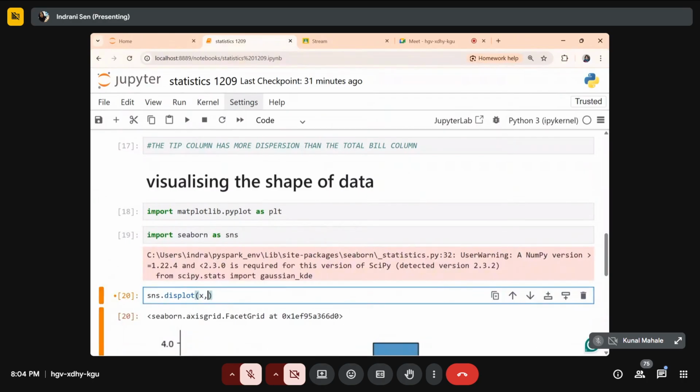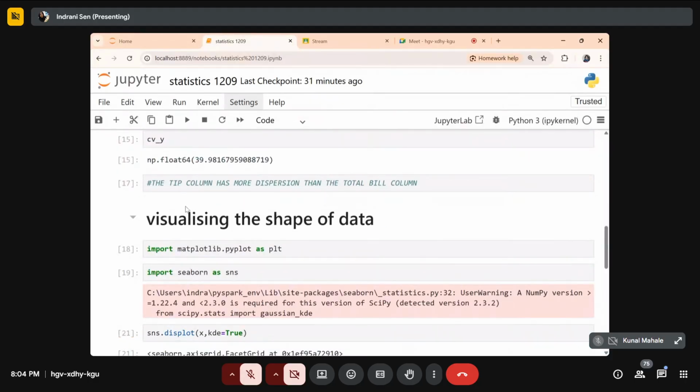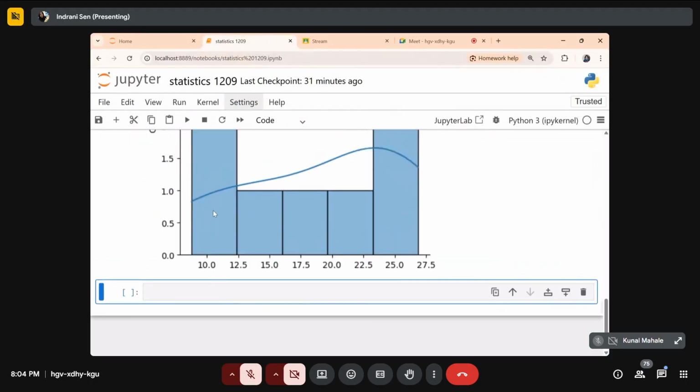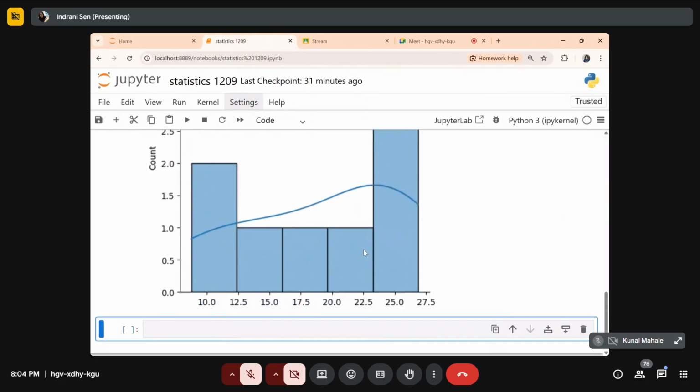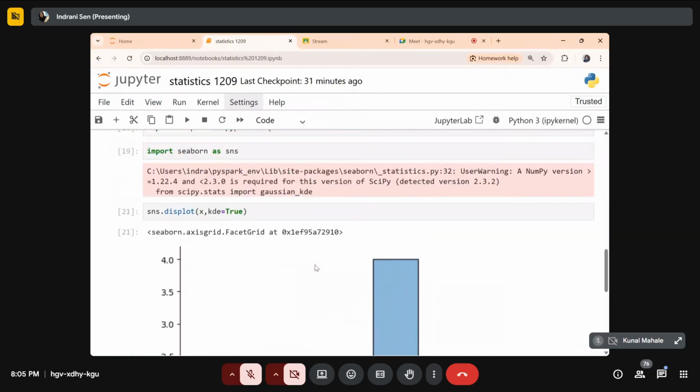So this is a very small data. So we'll write KDE, which is kernel density estimator. I've taken just a segment of the data, which is not actually showing me much. It's a very small segment.